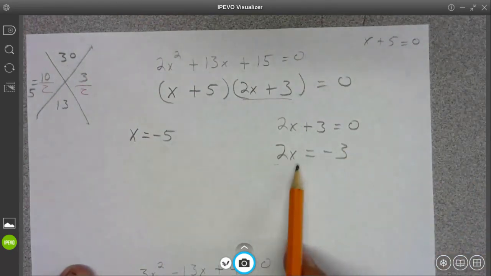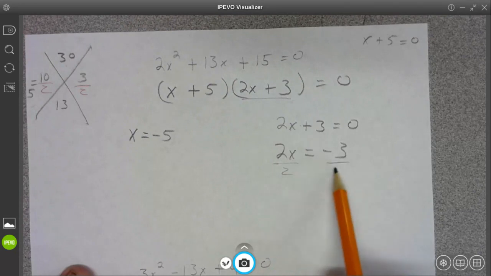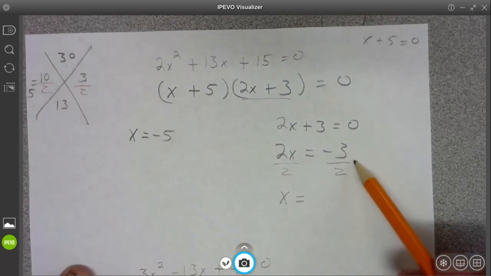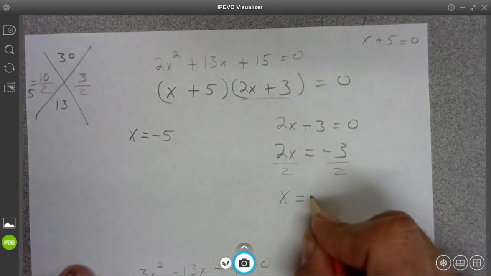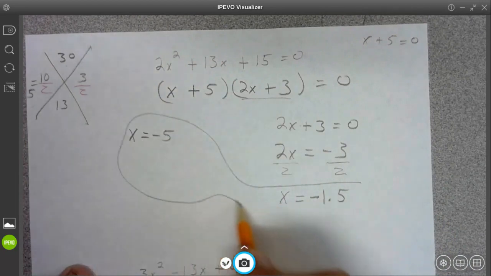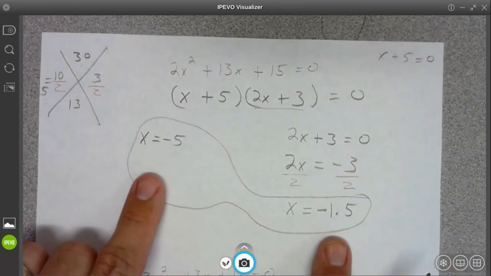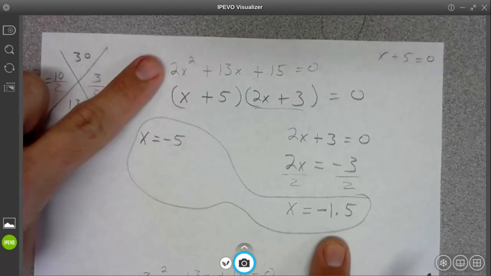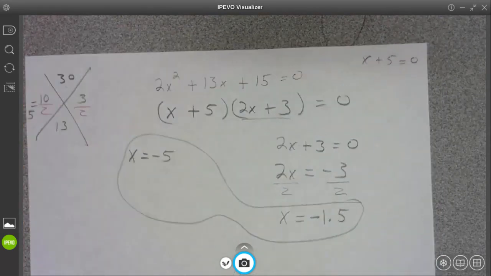And then divide by 2. And you'll get negative 3/2 for your answer. Or if you wanted to make it a decimal, negative 1.5. Those are your two answers. Bam. Plug them into the original if you want to. Plug them in and make sure that they work.